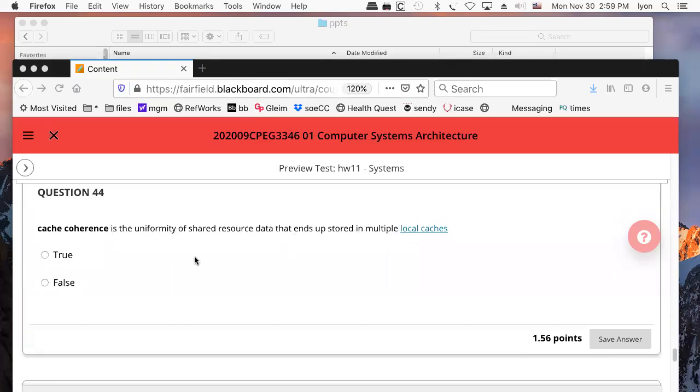Cache coherence. Does that sound true to anybody? Is that true or false? What do you think? True. That is true. So what we're trying to do here is get a piece of memory that's local to the CPU and make it so that it has everything in it that's in the non-local memory.